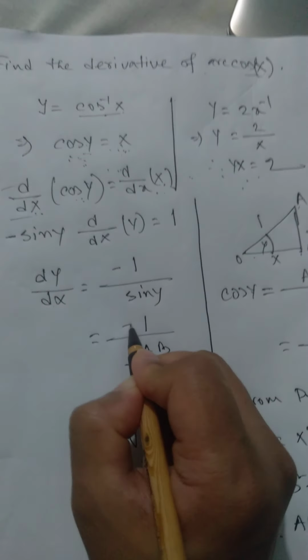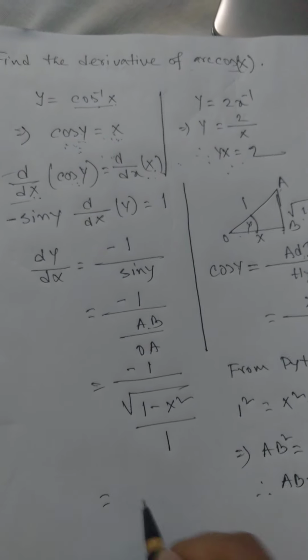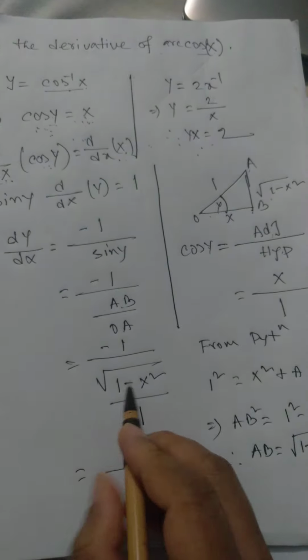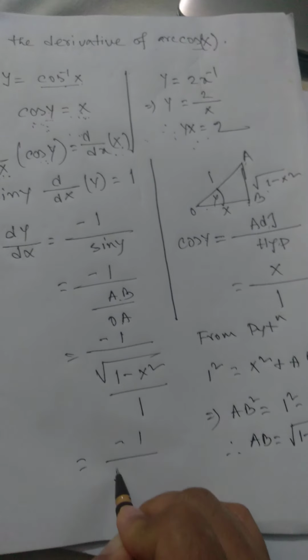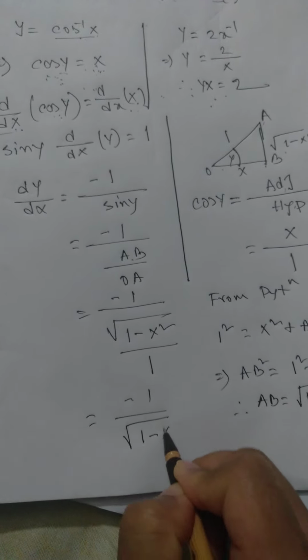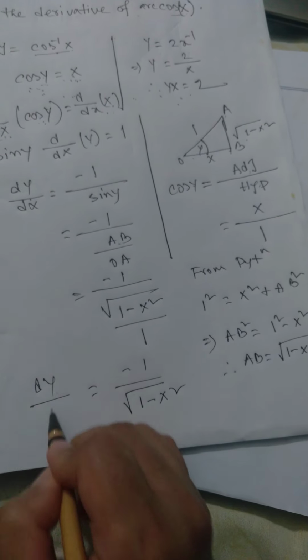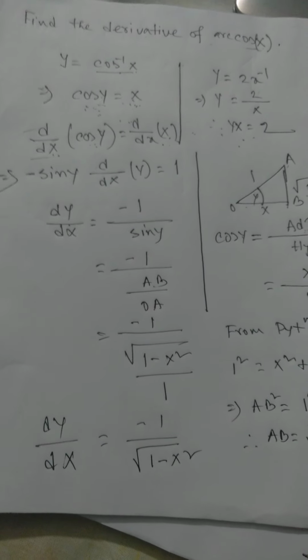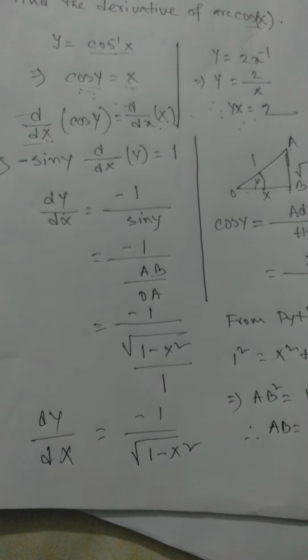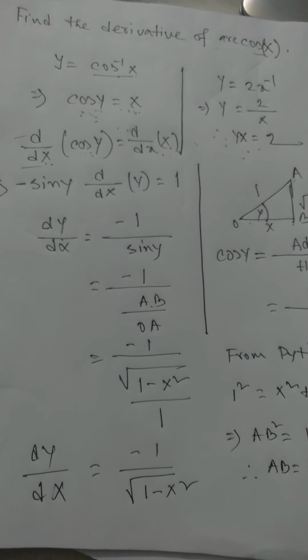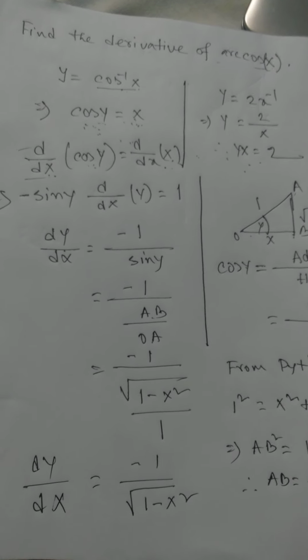We have minus here. So what is dy by dx? We found minus 1 over the square root of 1 minus x square. That's the derivative of arccos x.